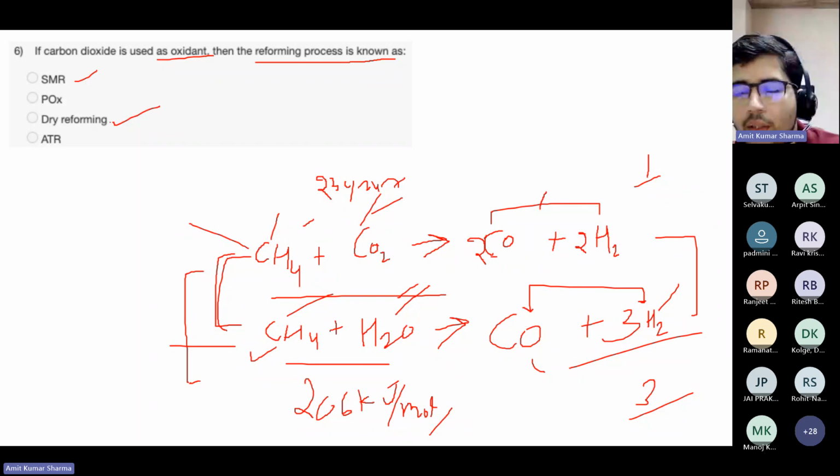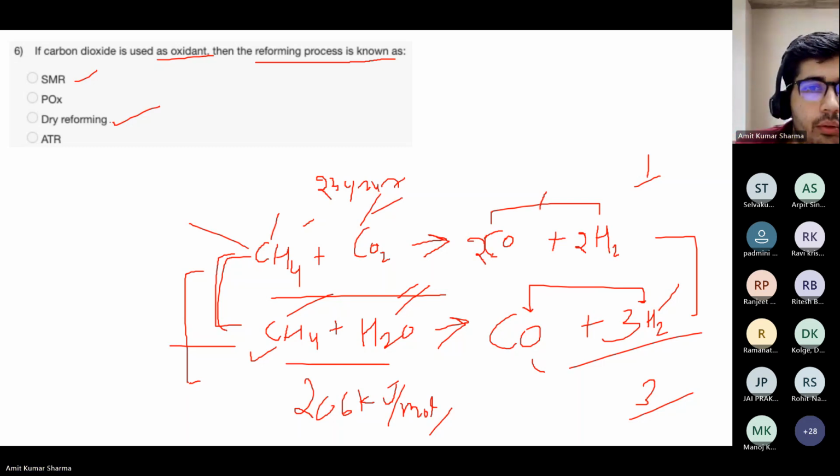But if I'm using biogas, then there will be CH4 and CO2 not in equal proportion, and I'm also adding H2O, so basically I'm having bi-reforming. Then we have to do the calculation: which reaction will be preferred and what about the side reactions? I think in a class I can discuss those things in detail.